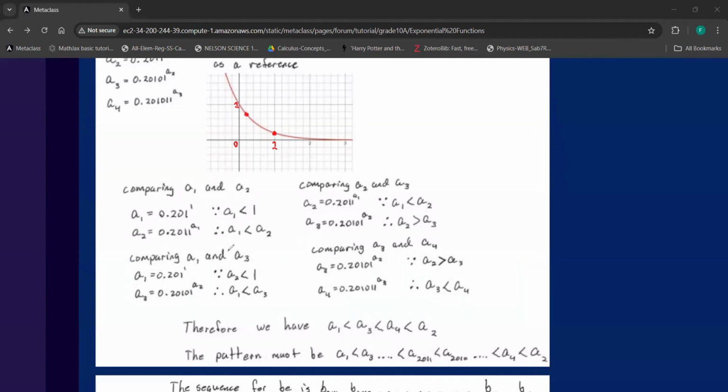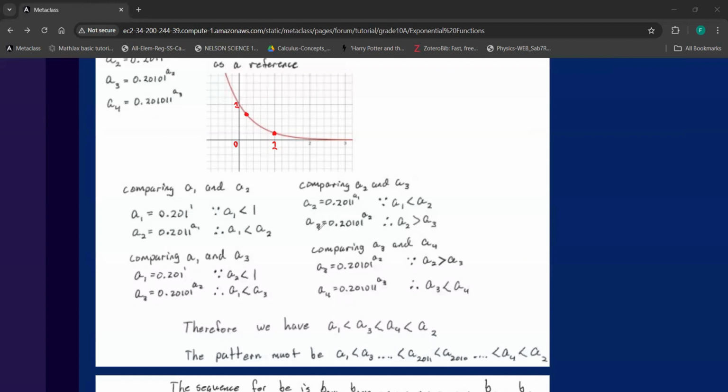Okay, and now comparing A2 and A3. We have A2 is equal to 0.2 to the power of A1, and A3 is equal to 0.2 to the power of A2. A2 is here, and so this value here is somewhere close to 1, right?